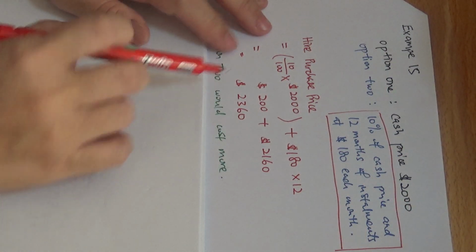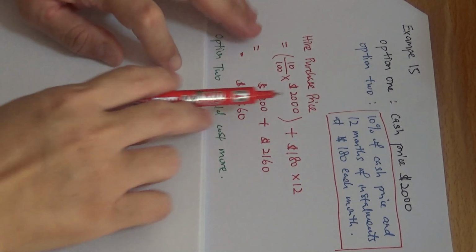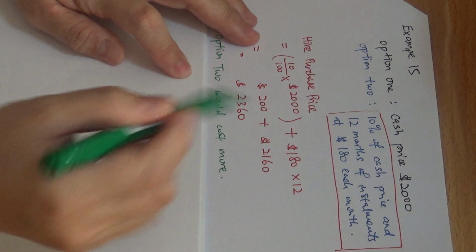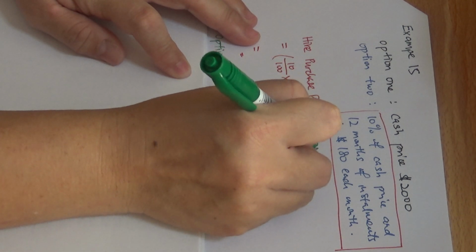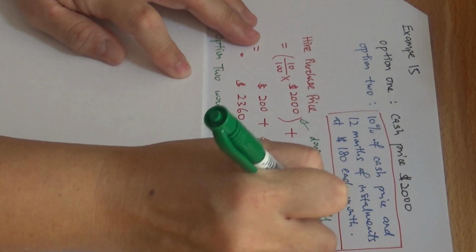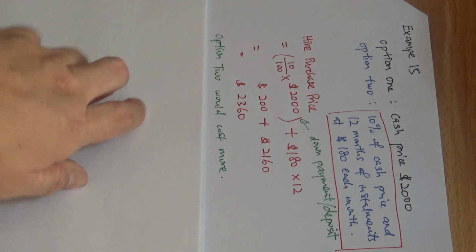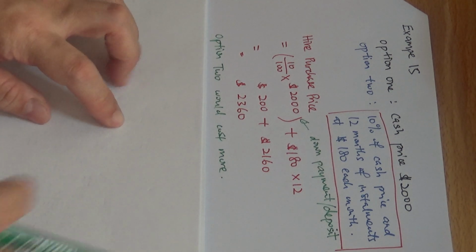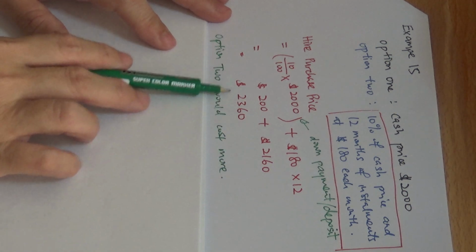Now the hire purchase price is this one. That means I must take 10% of $2,000, plus 180 times 12. Now this one will give you the down payment or the deposit. Alright, so you key in the calculator and add up.